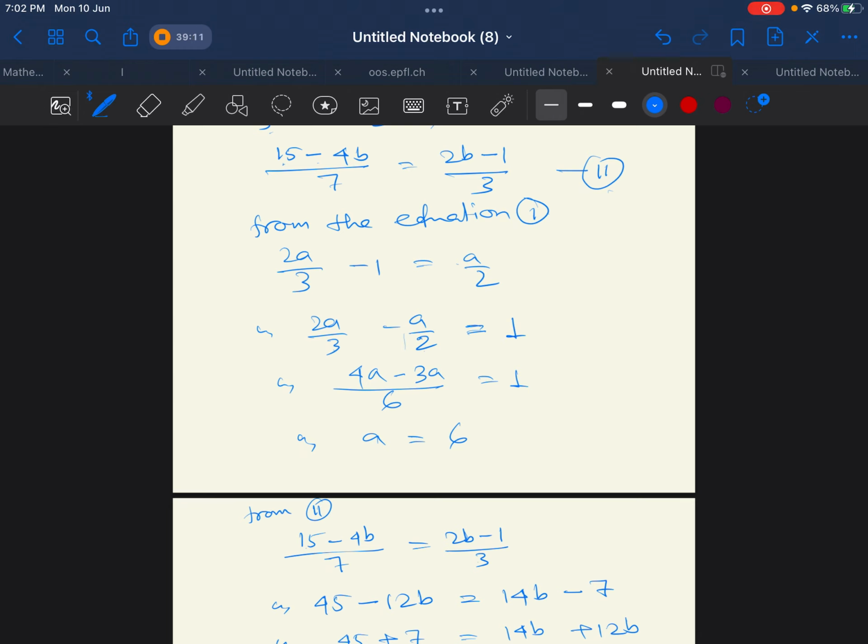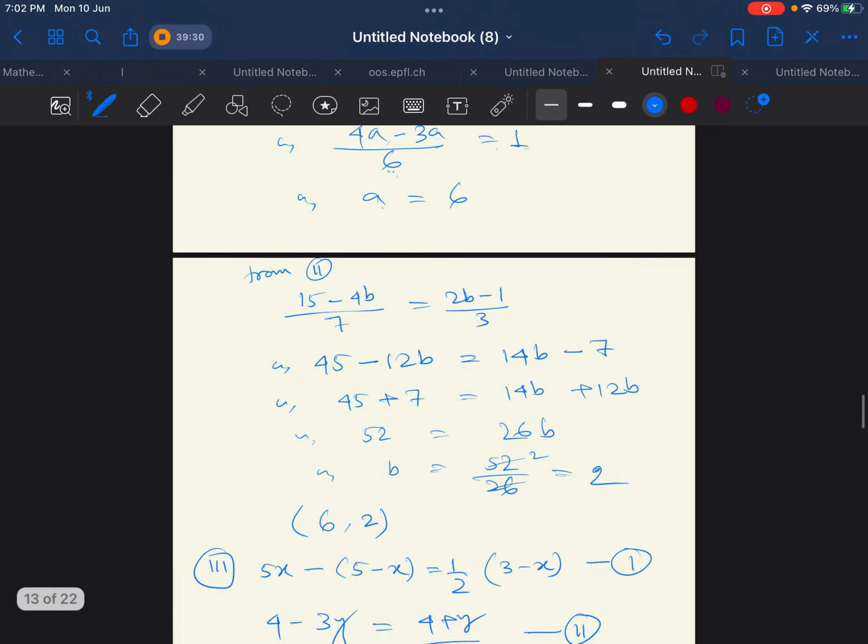So 2a by 3 minus a by 2 equals 1. The LCM of 3 and 2 is 6. So 4a minus 3a equals 6, so a equals 6.